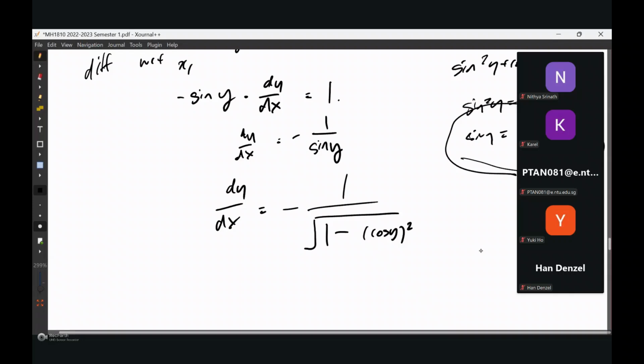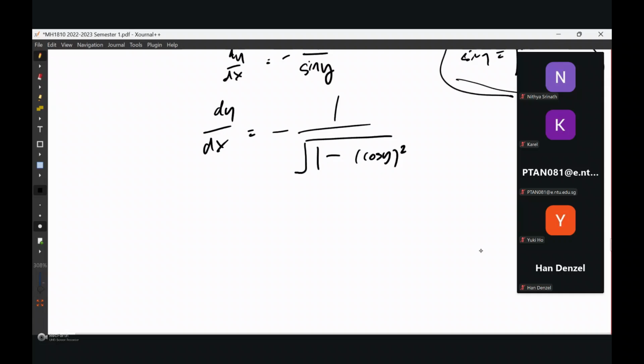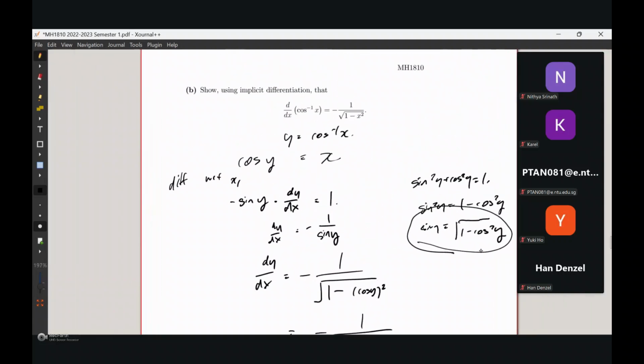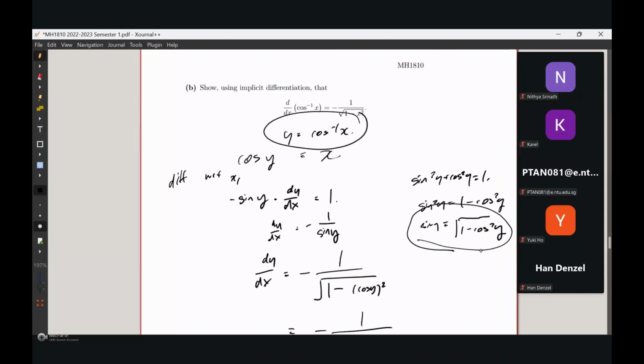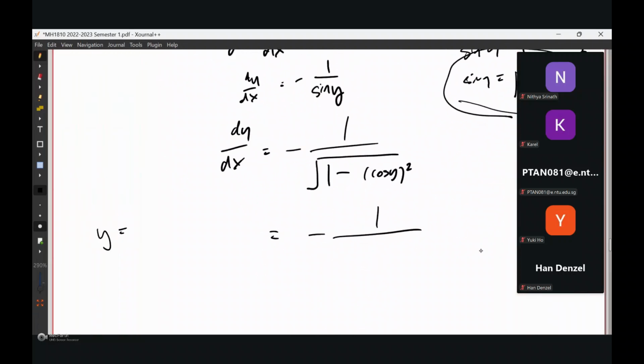Then here we substitute y. Remember that originally y is cosine inverse x. So here, 1 minus cosine of cosine inverse x.